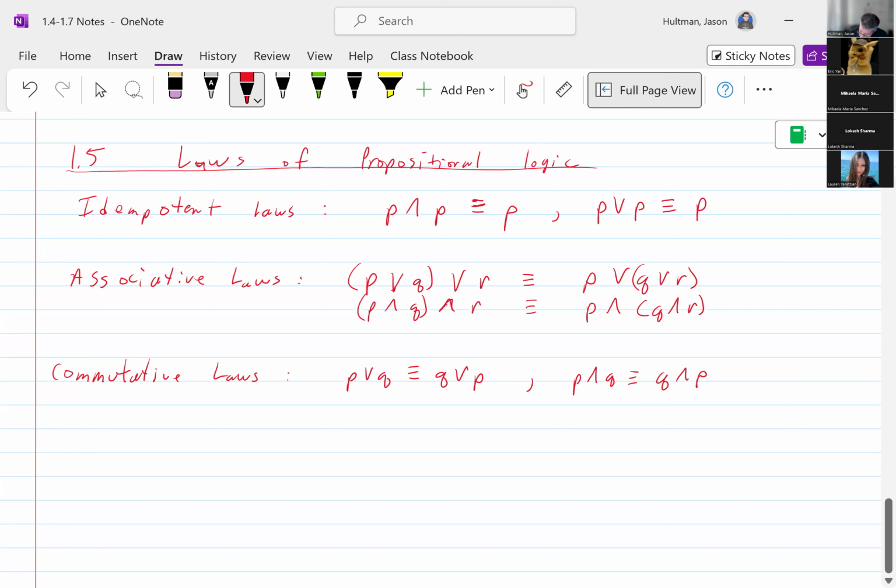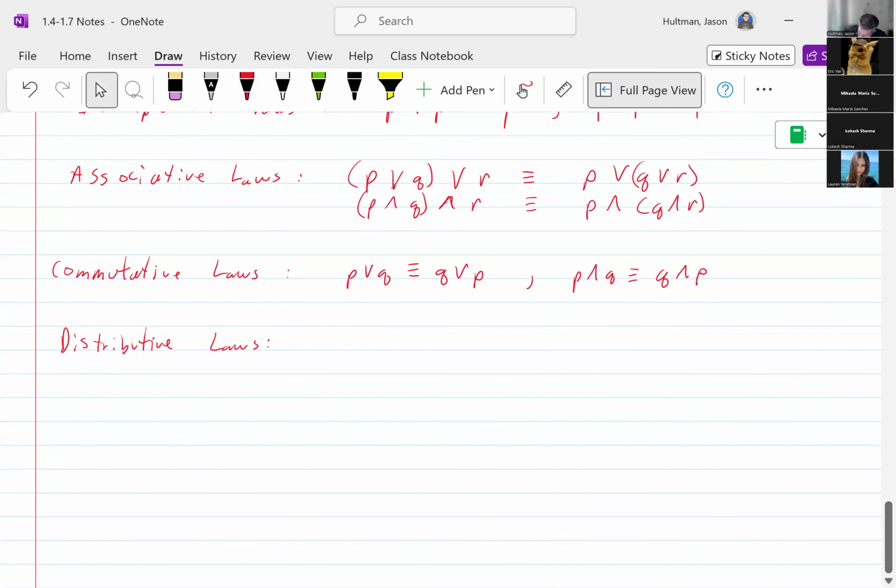Okay, the distributive laws. P or (Q and R) is logically equivalent to (P or Q) and (P or R).